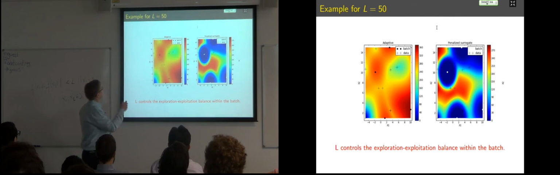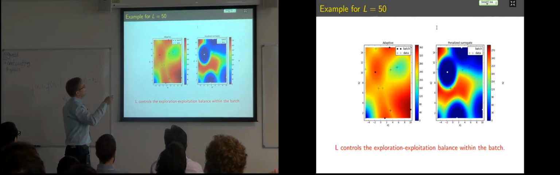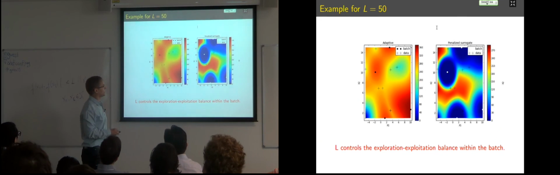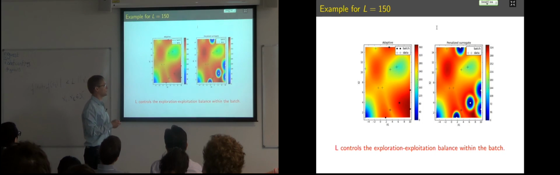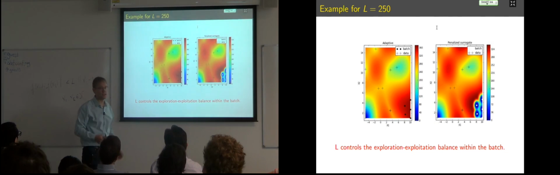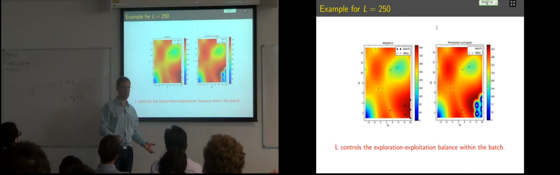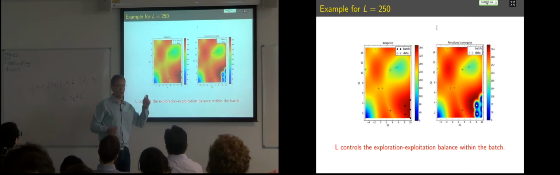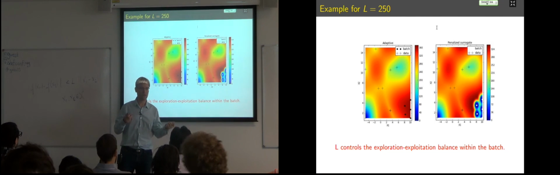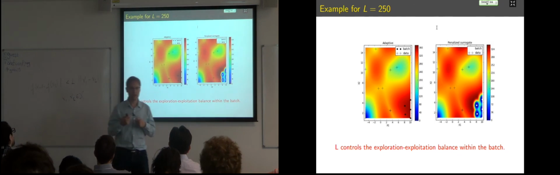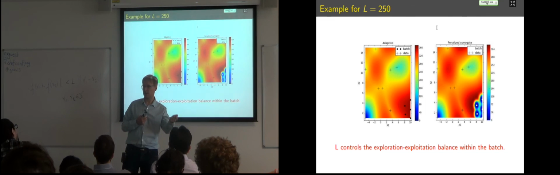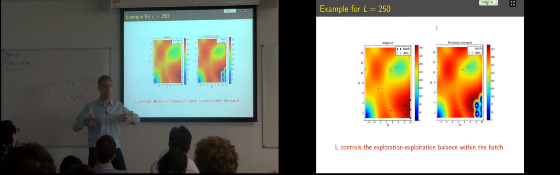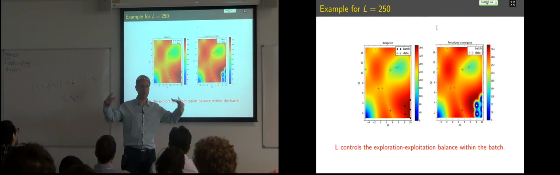I have done this in this example for a value of the Lipschitz constant which is 50. But if I change that value, you see that it has an effect on the size of the penalizers I'm using, right? If you think about it, this is very interesting, because if you remember the exploration-exploitation trade-off we were talking about when we wanted to select a new element in the data set, now we have this trade-off for the whole batch that we are collecting.